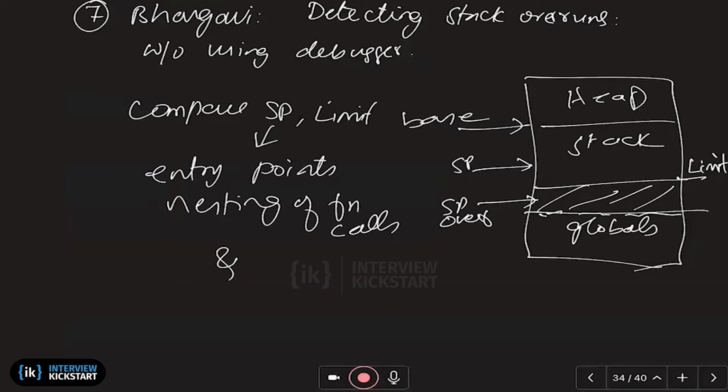You can take the address of the first local variable, or a parameter which is not in a register, right? And then with respect to that, you can compare it with the stack limit, if that information is accessible, and you can say whether you have overflowed or not. So this is one simple technique, but yeah, you have to instrument the code for that.